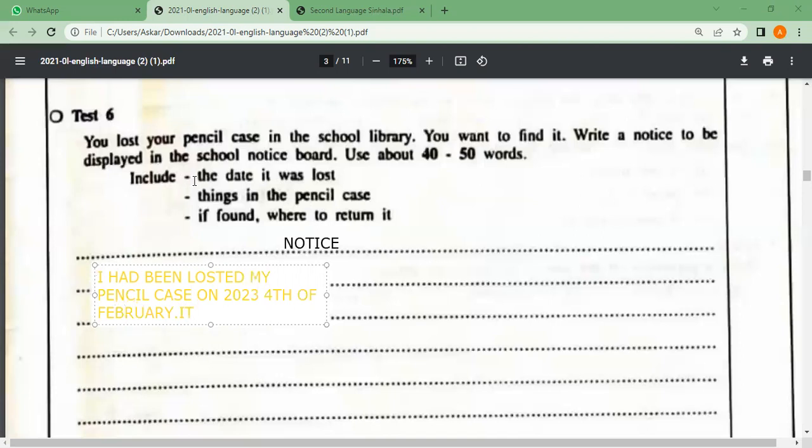So it contains two black pens, two blue pens.